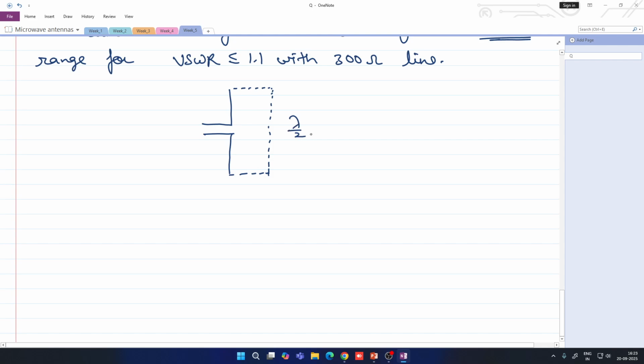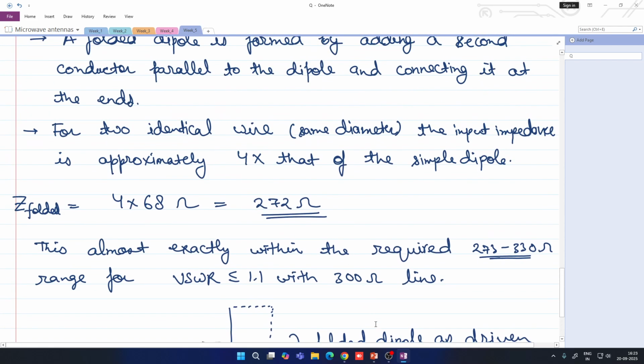So now this is a lambda by 2 folded dipole as the driven element for the Yagi-Uda antenna, if you want to have a VSWR less than 1.1. I hope this is clear. If you have any doubt in this, please let me know.